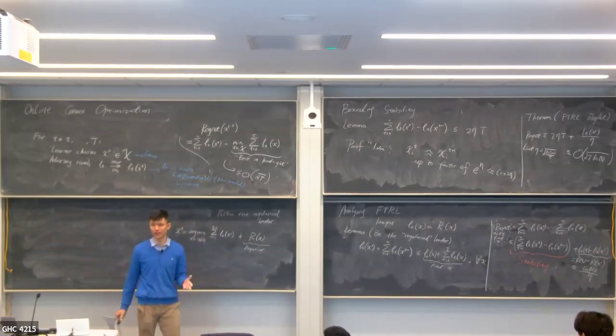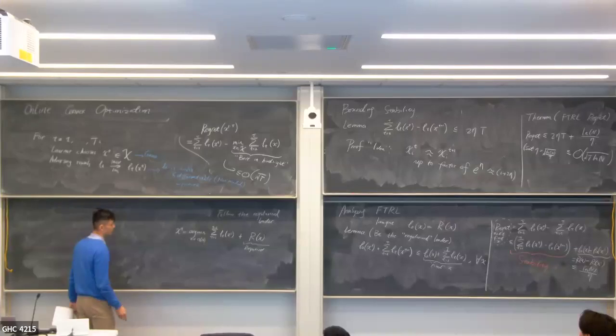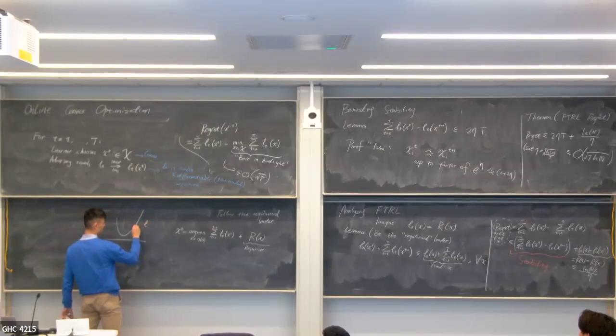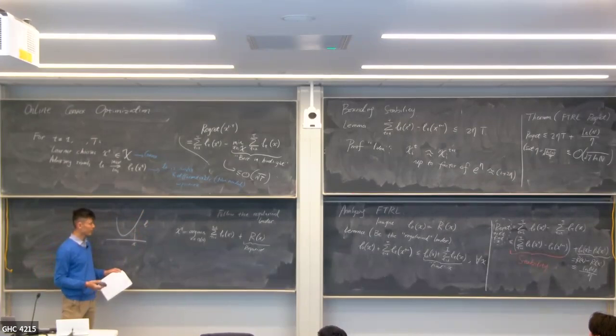What's the best way to make a convex loss function linear? Let's say you have a convex loss function L, and you choose some parameter x. There are many things you can say about this convex function.